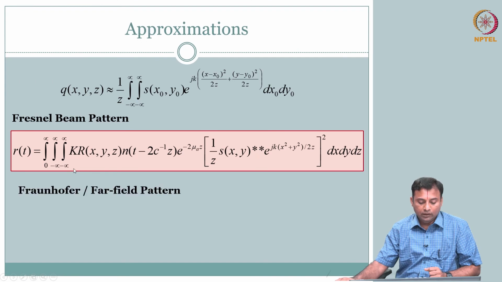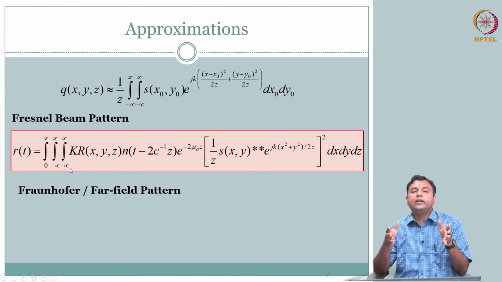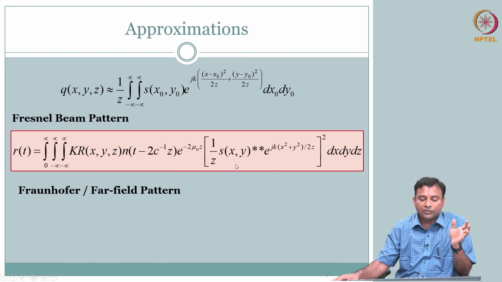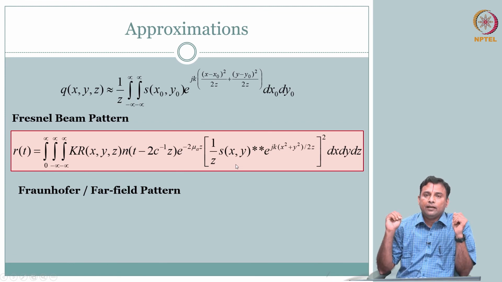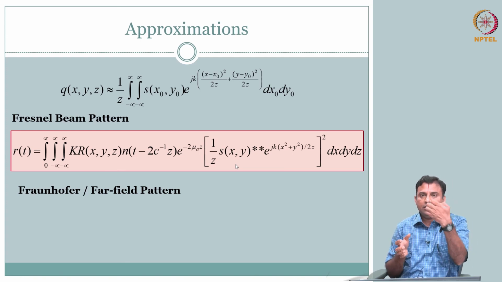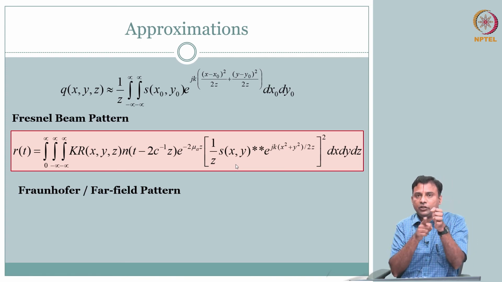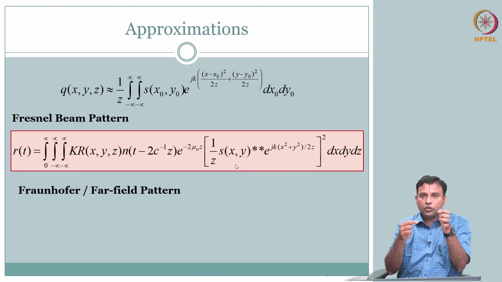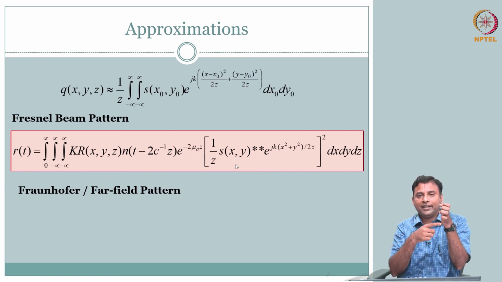This is holding good in the near field. What you have to recognize from here is, if you are close to the transducer, so this is the face of your transducer, and this is your depth. If you are close to the transducer, not only do you get the effect of this point, but you also get the effect from the neighbors, the corner points as well.